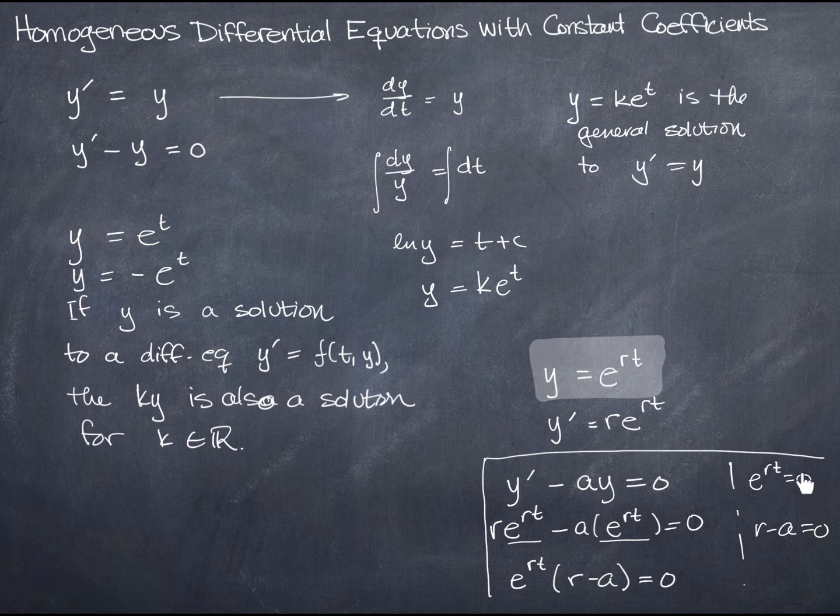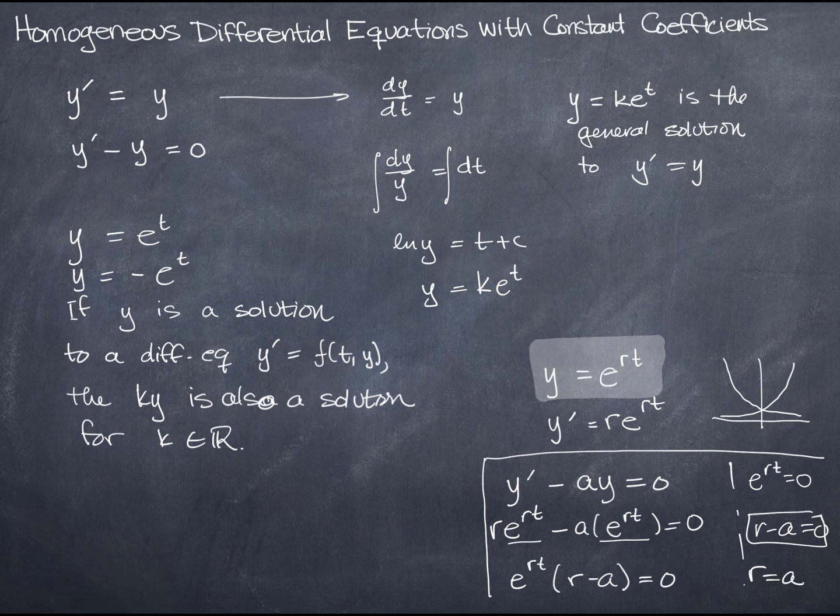Well, e to the rt never equals 0 because e to any power will be positive. Remember that the graph of e to the anything either looks like this or it looks like this. It's never 0 or less than 0. So this factor cannot be 0, and there's nothing we can do with that. But this factor here tells us that r equals a.